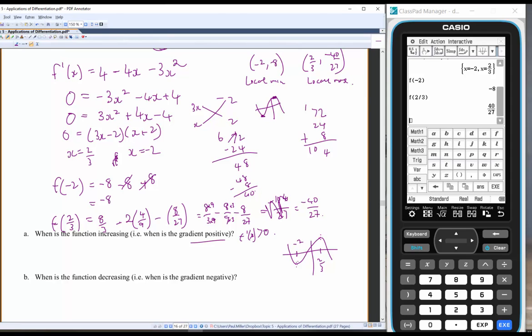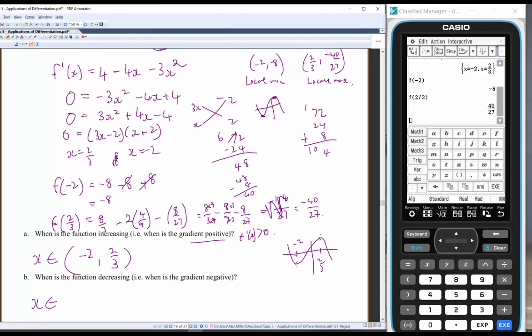So for this particular question, it's going to be between -2 and 2/3, but we don't include those endpoints because that's when the gradient is 0 and we want a positive gradient. Now, x is an element.